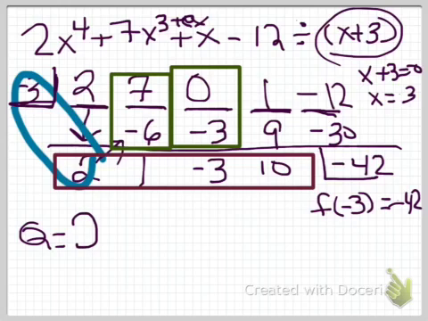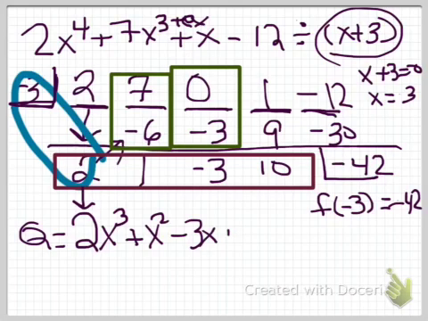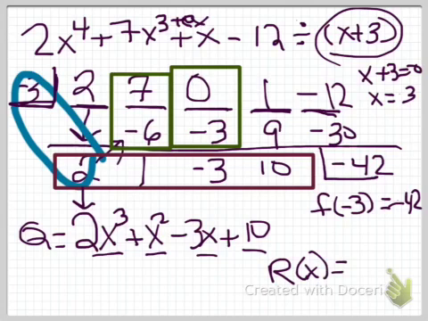So my leading term is going to be a 2x cubed, dropping back 1 degree: 2x cubed plus x squared minus 3x plus 10. Please notice what I did. I went 3, 2, 1, none. And then what's in my box over here at the end? My remainder is -42, because that was in my little box.